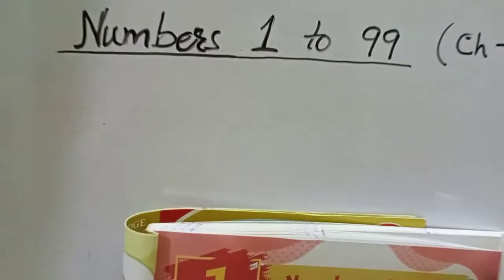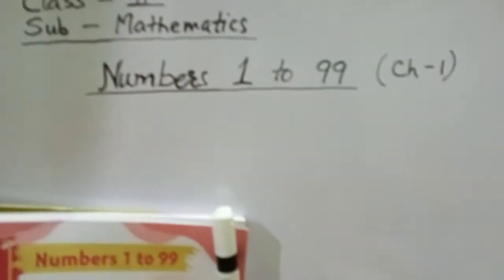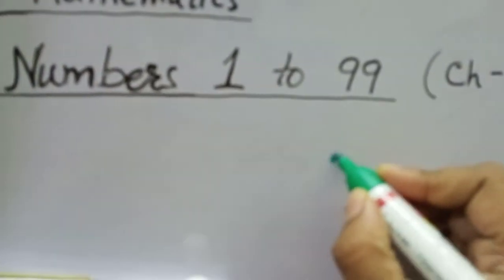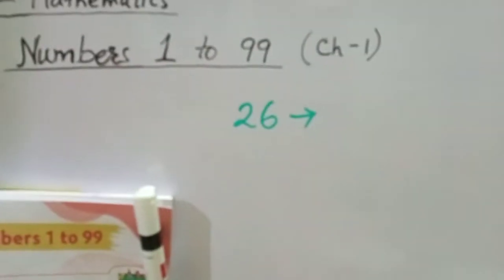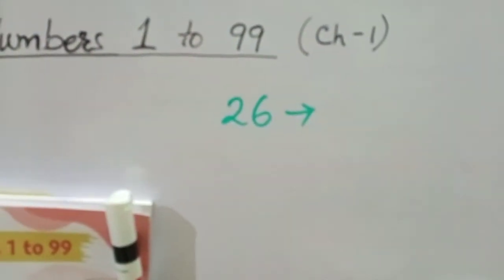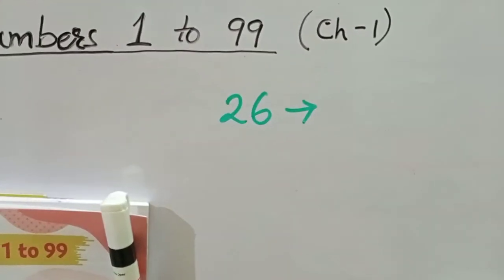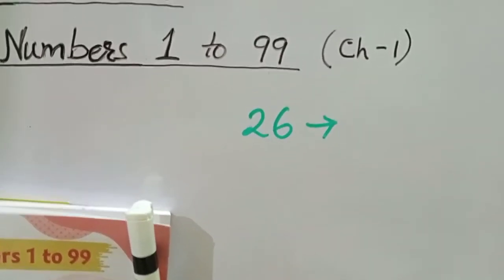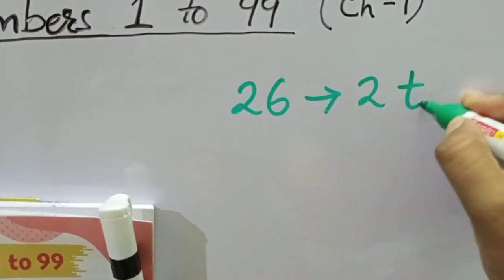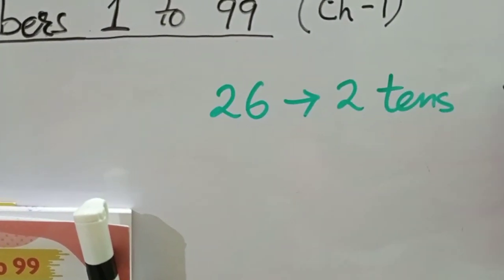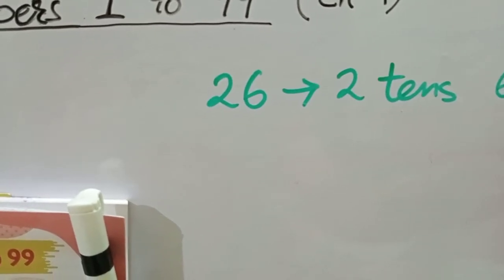Children, if I take one example, suppose I take the number 26, can you tell me how many tens and ones are there in this number? Yes, there are 2 tens and 6 ones.